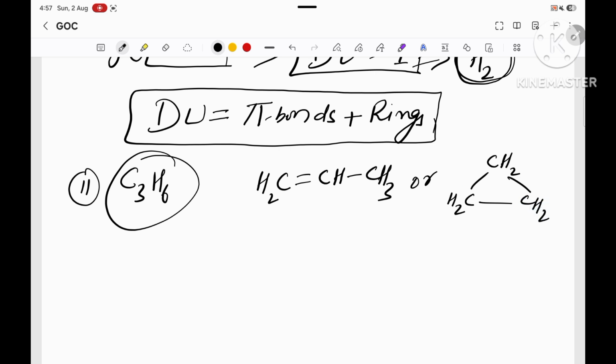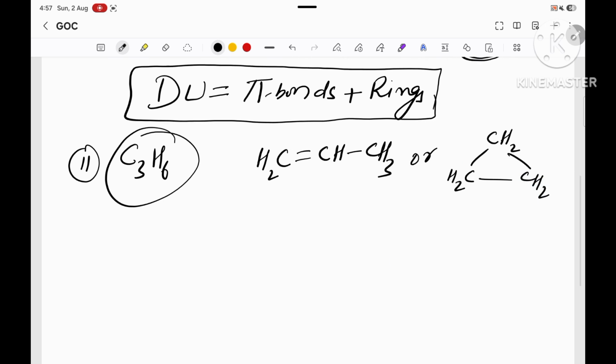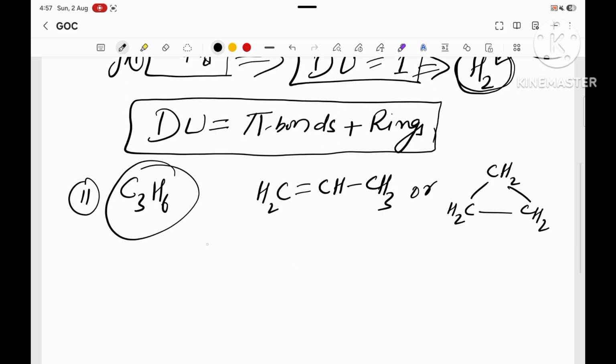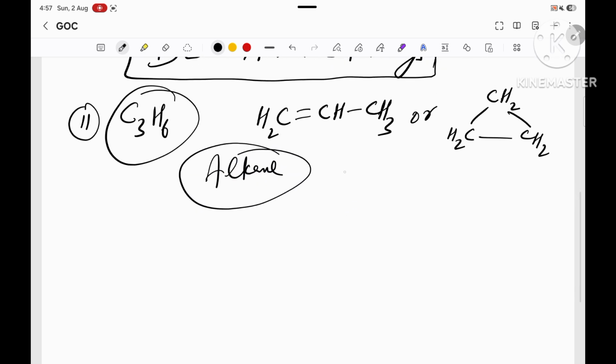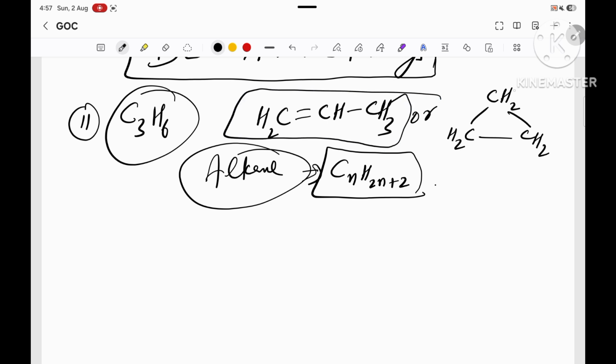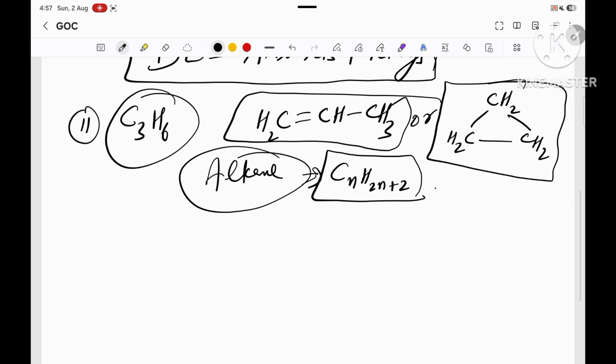This is C3H6. You have to convert this into alkane. You know CnH2n plus 2 is the formula for alkane.